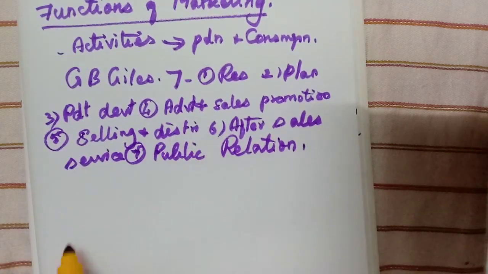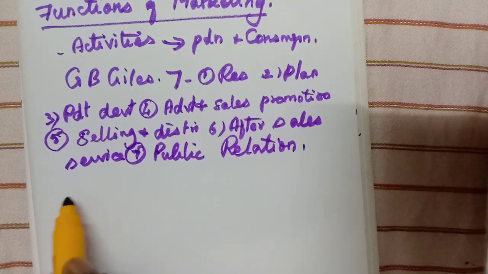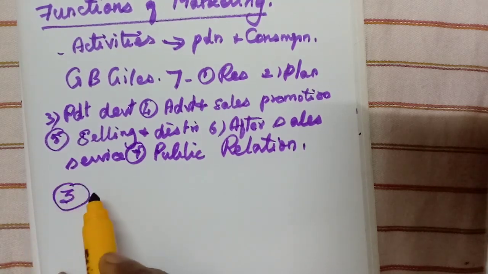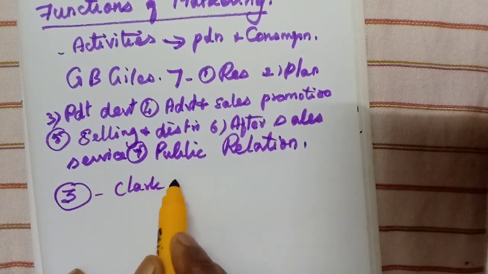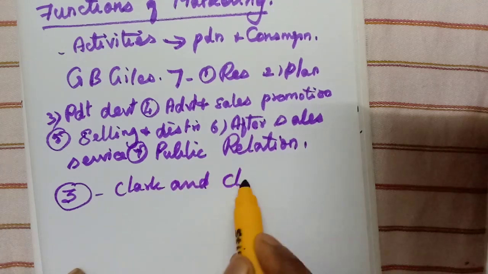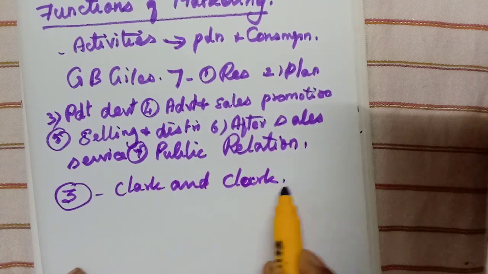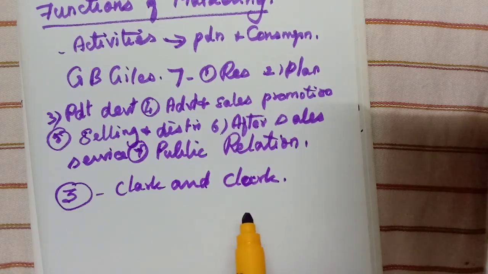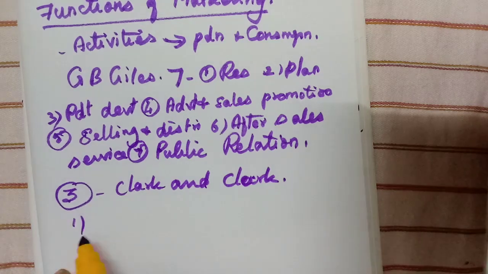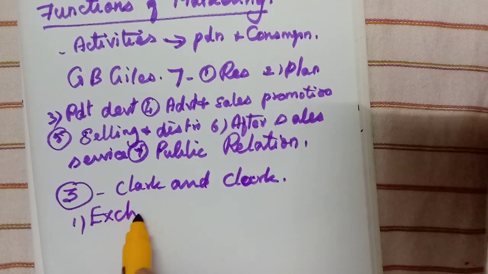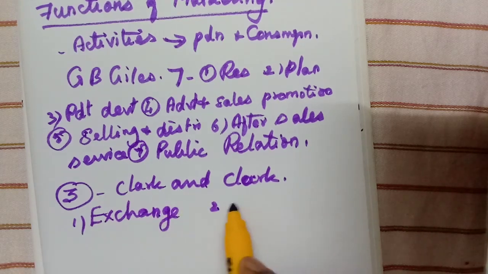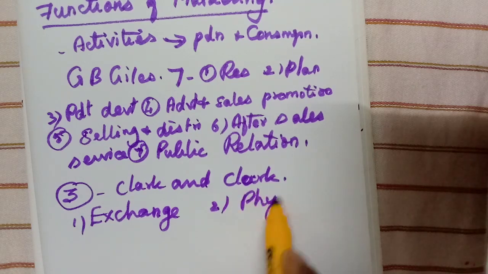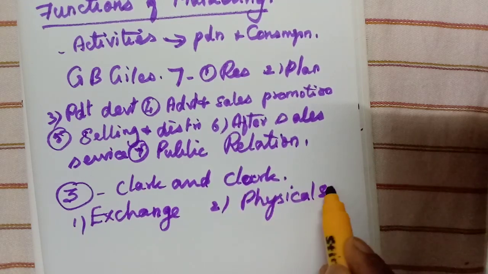Then another classification they have given. There are 3 main classifications, given by Clark and Clark. Clark and Clark divided these functions of marketing into 3 main classifications. First one, functions of exchange. Then functions of physical supply of goods and service.